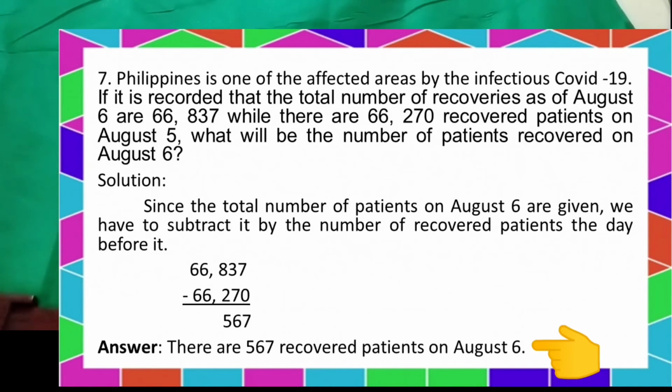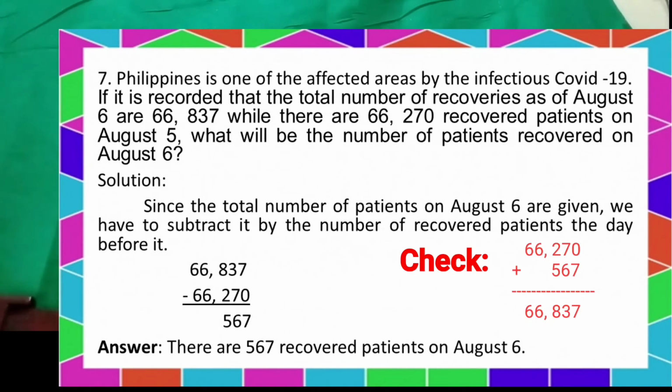Okay, so to check, all you have to do is to add that 567 recovered patients to the total number of recovered patients on August 5. Okay, that will result to the total recovered patients on August 6.